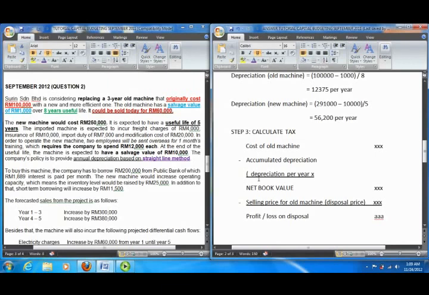How do you calculate depreciation? You have calculated it in your step 2. So you put the answer, depreciation per year, times the current age of your machine, so it is 3 years. Alright, the current age of the old machine.